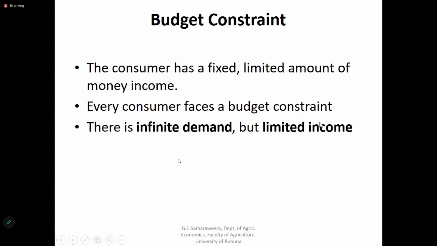But you have limited income. Okay, so that's the main thing. Infinite demand, but limited income. Another way we can say unlimited demand with limited income. Okay, so you need to discuss all these.